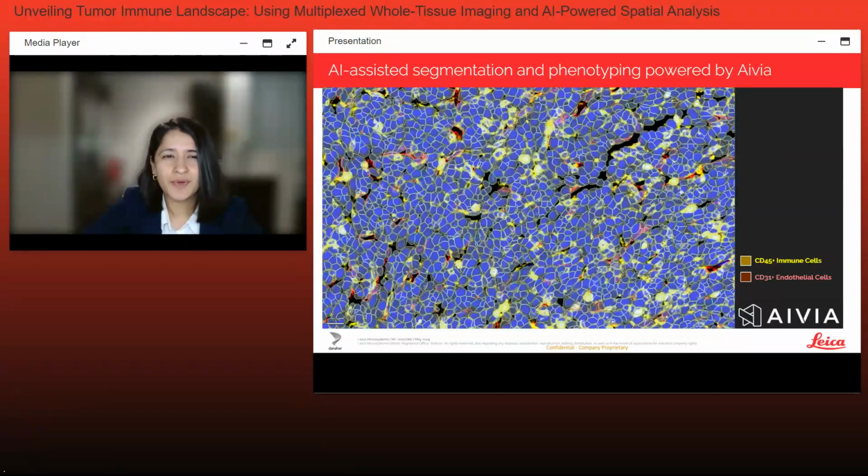The next step is to perform phenotyping, which deals with assigning biomarker positivity based on the antibody staining to individual cell membrane or nuclear membrane objects, which were created using the segmentation step. And here, for simplicity, shown in yellow and red are two cell types.